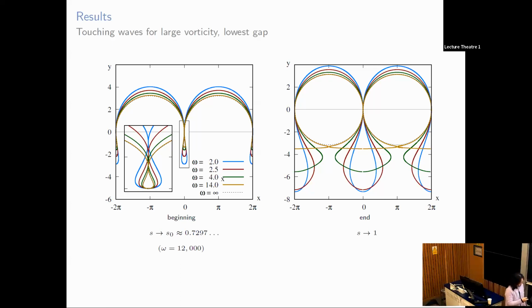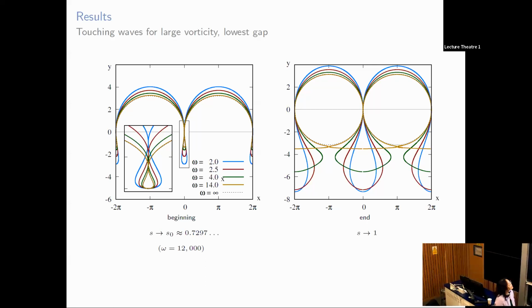So now on this left panel, I collected those touching waves at the beginning of the first gap with different values of vorticity. And on the right, these are touching waves at the end of the first gap. Now, as we increase the vorticity, and by the way, this is the same as decreasing the gravity, then on the left the stiffness of these waves takes a limit, and the limiting stiffness is approximately 0.7.